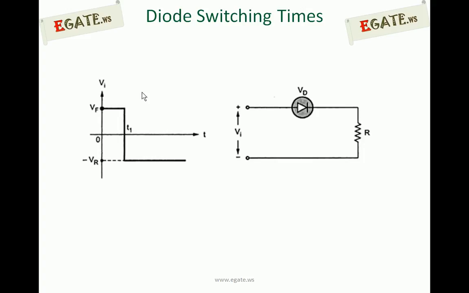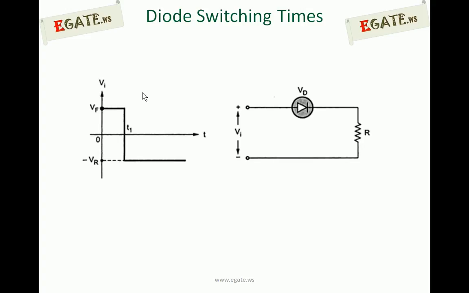So ideally the diode should switch from on to off instantaneously, but a practical diode doesn't switch instantaneously. It requires some time due to the minority charge concentration stored in the p and n sides.